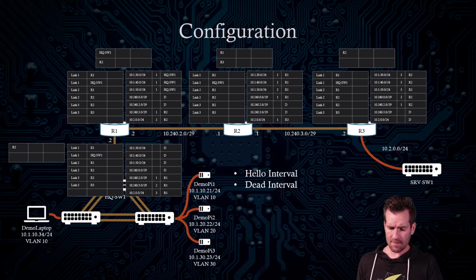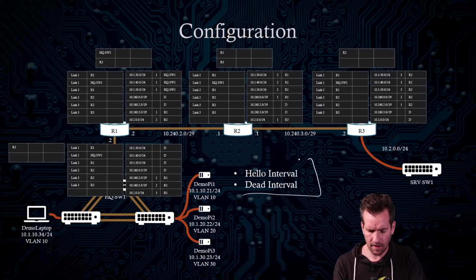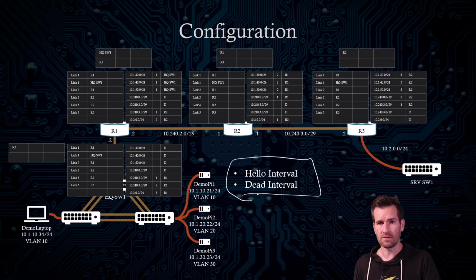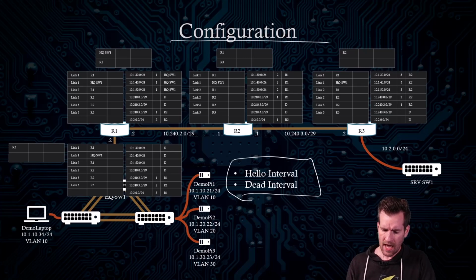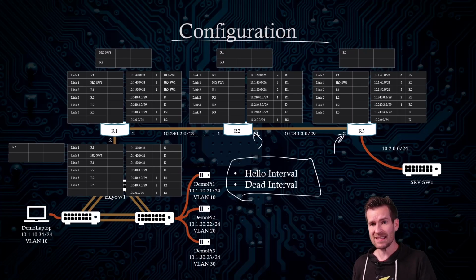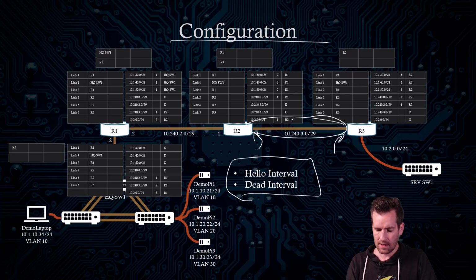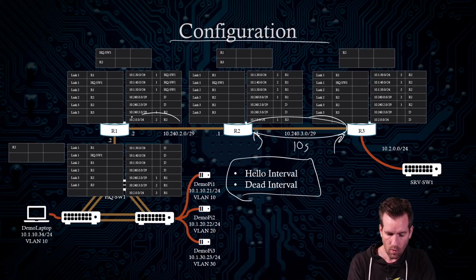Now, there are times that we may want to change the default for the hello interval and the dead interval. We can actually configure this and change the default. If we were to do this, we want to once again do it on each of the sides, but this is a per interface setting. So this link could be set to 10 seconds, while this link maybe is set for 20 seconds.